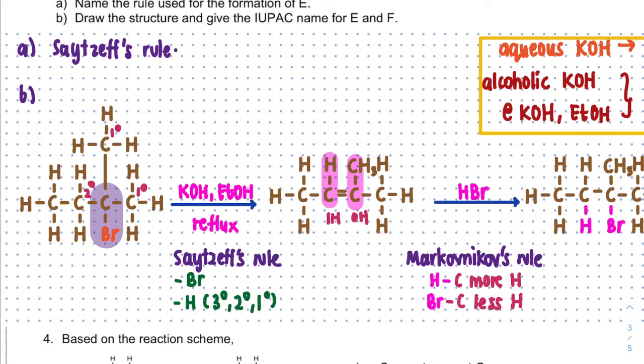Okay, so they ask you to name it kan. So kita tengok ada 1, 2, 3, 4. So the name will be butane. Okay, but then pada carbon number berapa ada double bond. So it's either 1, 2 pun sama jugalah, 2 butane.